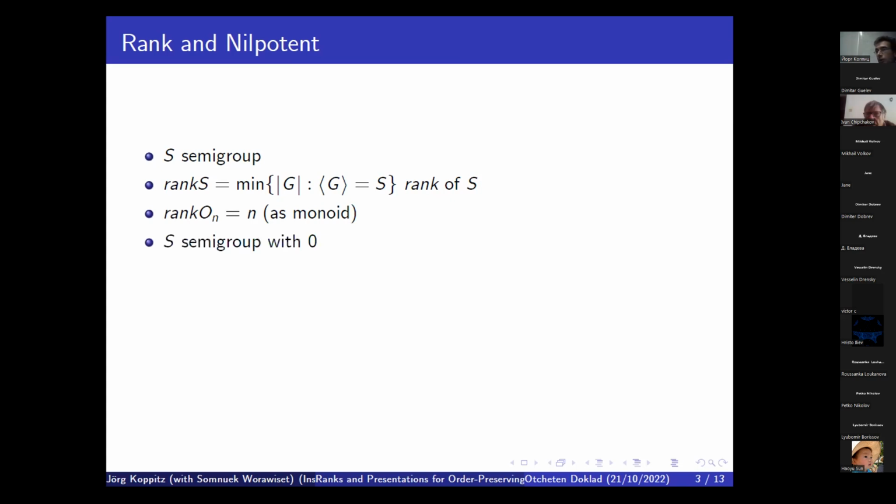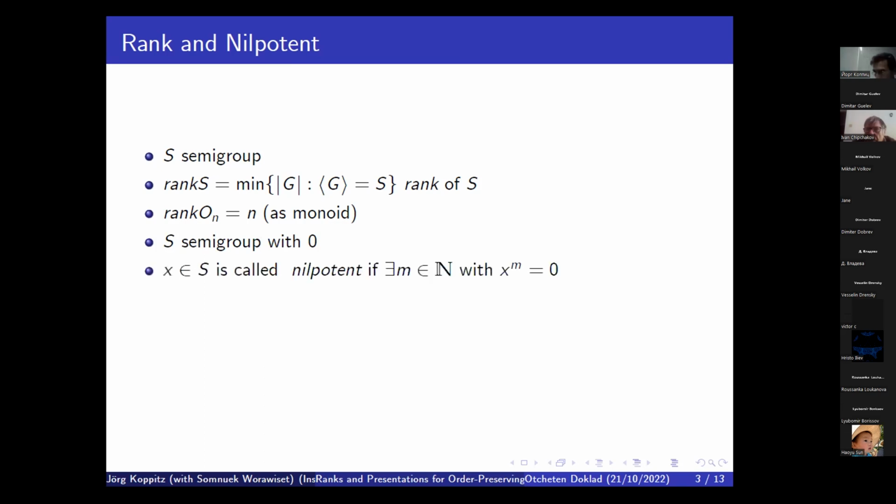Now we want to recall the notion of a nilpotent semigroup. For a nilpotent semigroup, we need a semigroup with 0, and an element of the semigroup is called nilpotent if we have a natural number such that the n-th power of this element gives the 0.